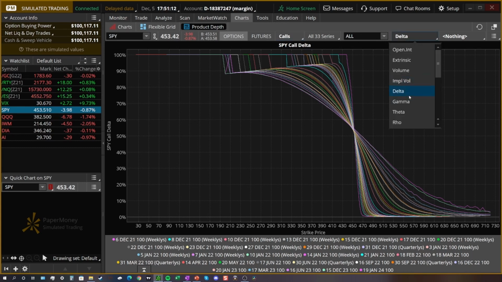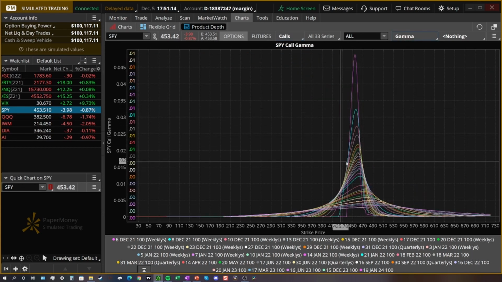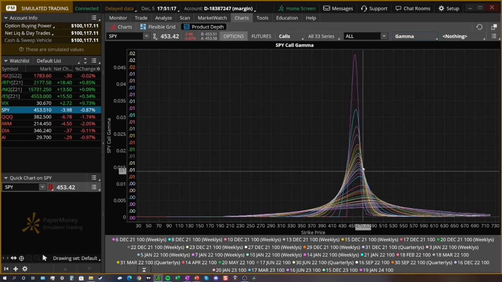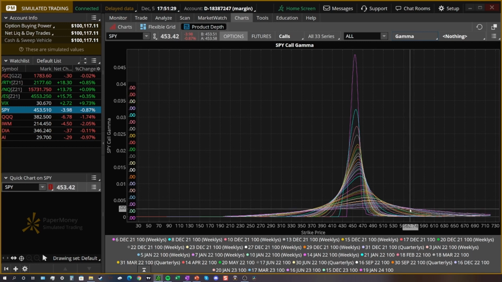So let's look at gamma real quick. And gamma, like I said, is just a bell curve, right? With at the money being the extreme kind of peaks on the near term. Now, one thing that's kind of interesting to note about gamma is the peak for out of the money options farther out in time.